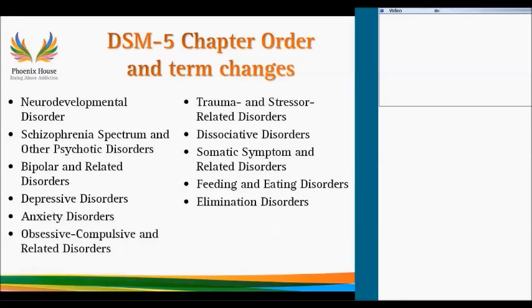Also in that chapter includes a new diagnosis such as hoarding disorder. So for those of you that were wondering whether or not that was going to make it into the DSM-5, it in fact did.